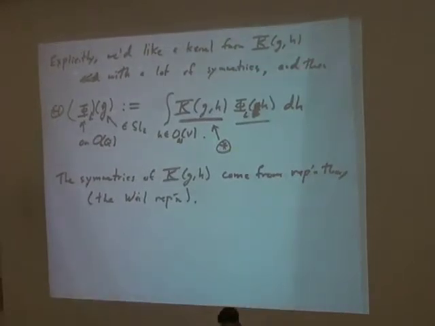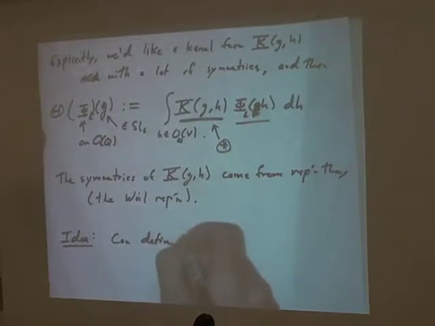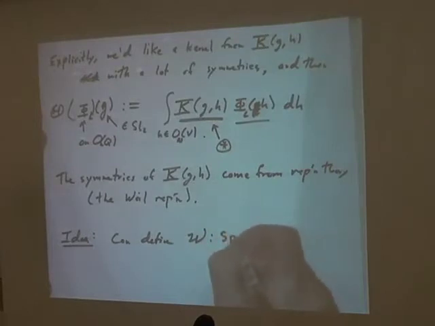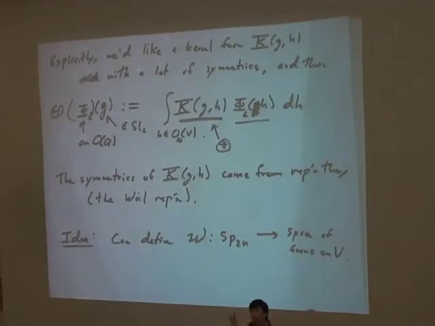Great. So the idea is that we can define the Weil representation, which I'll call W, as a representation from some giant symplectic group to some space of functions on the vector space of the quadratic form. Okay. So this is some big representation that someone makes somehow, in some nice way.